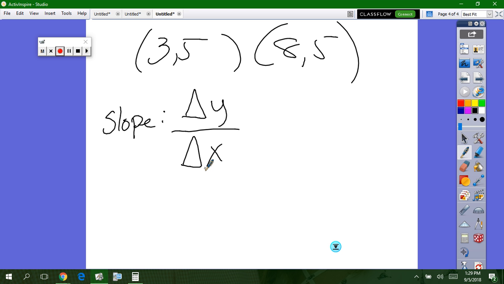And really the formula is y2 minus y1 over x2 minus x1. The difference between those 2 points is your change. If I went from 5 to 8, 8 minus 5 is 3, hence our change is 3 units, right?